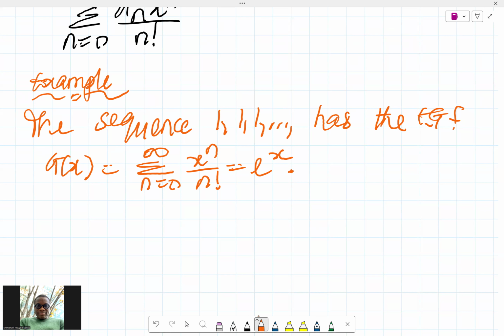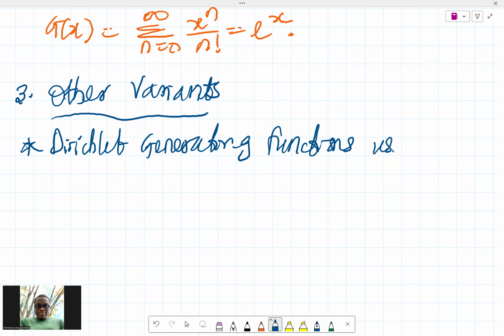So talking about other variants, first we can talk about the Dirichlet generating functions. These are used in number theory.